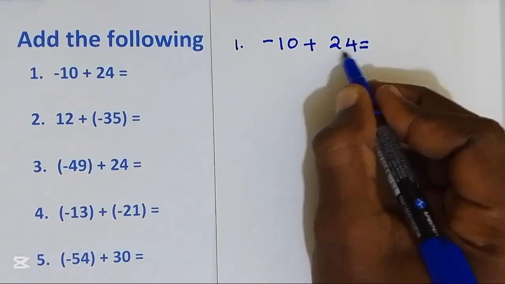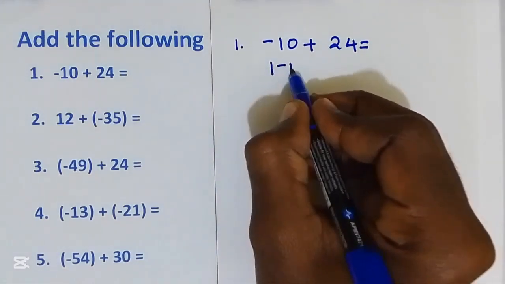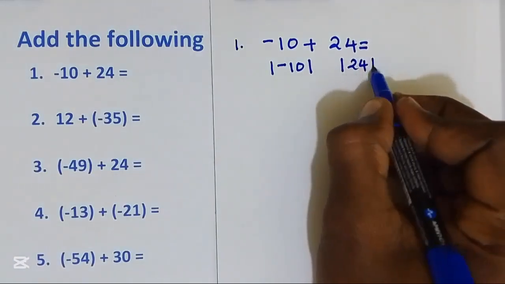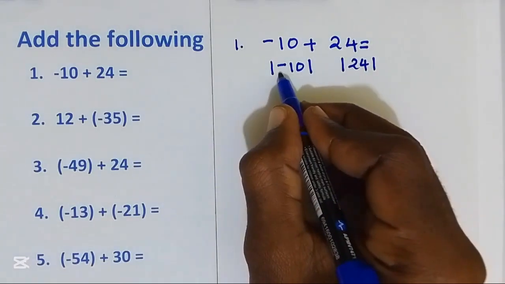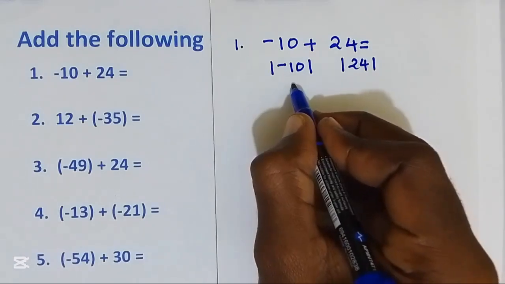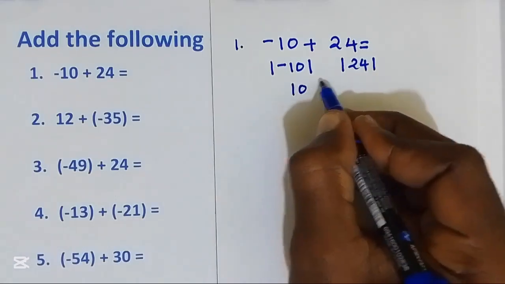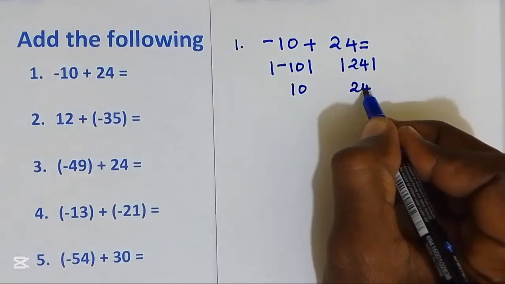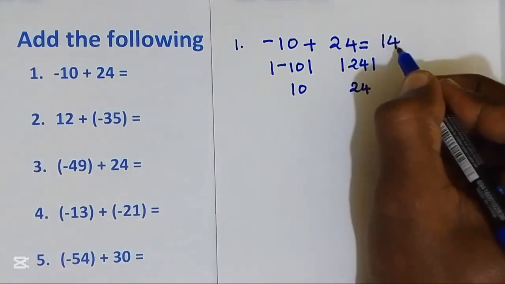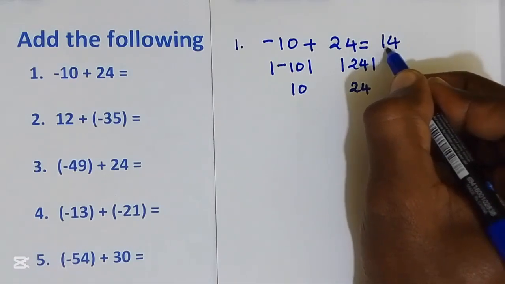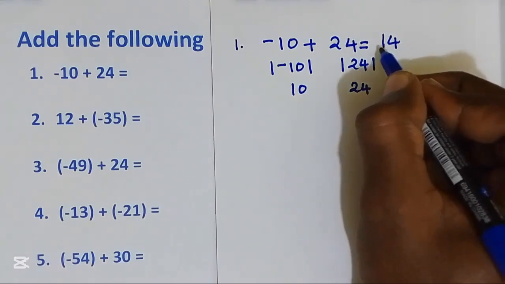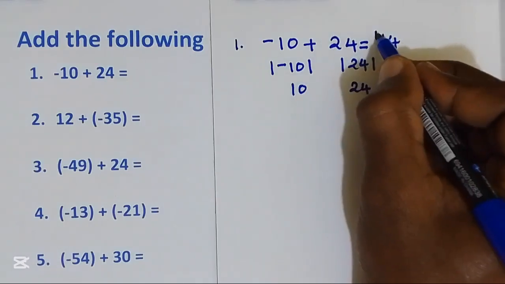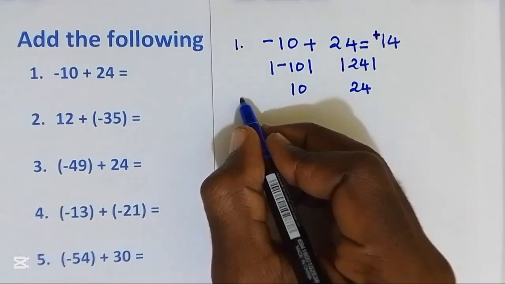What we're going to do first, we are going to find the absolute value of minus 10 and the absolute value of 24, which is going to give us positive 10, and here is going to be 24. Then you are going to find the difference, 14. Now 14 is going to be positive because the biggest number carries positive, so we are going to get positive 14.